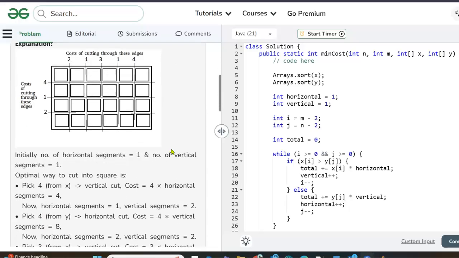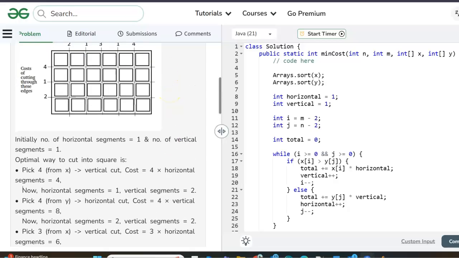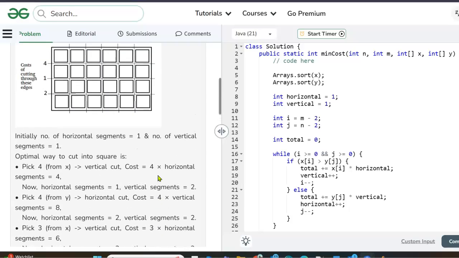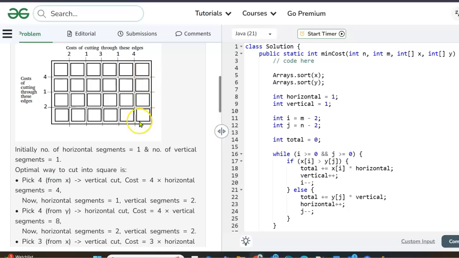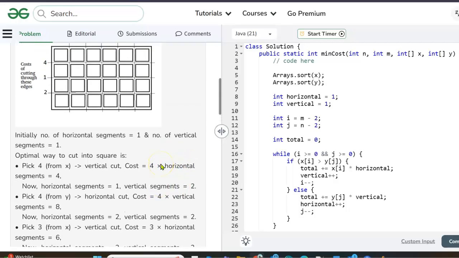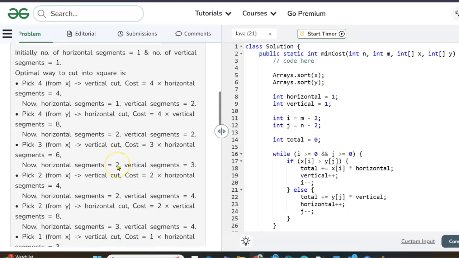All right, and then they have an example. The optimal way to cut this into squares is to make a vertical cut at a cost of 4 times the number of horizontal segments, which is 1.